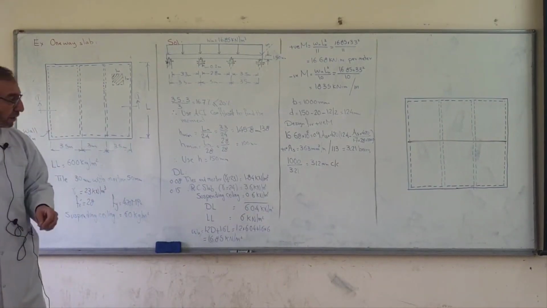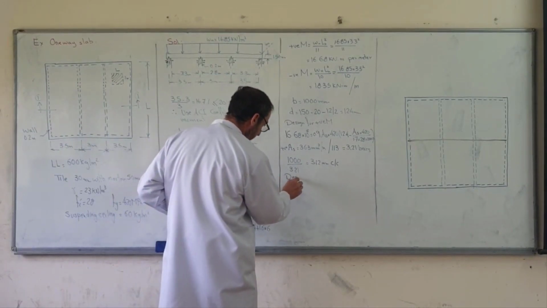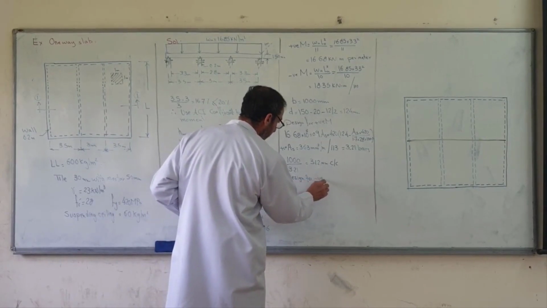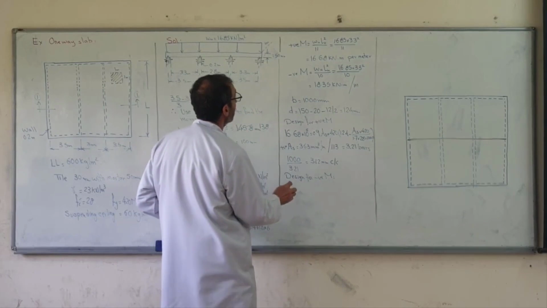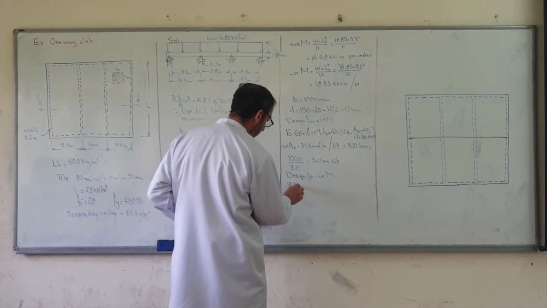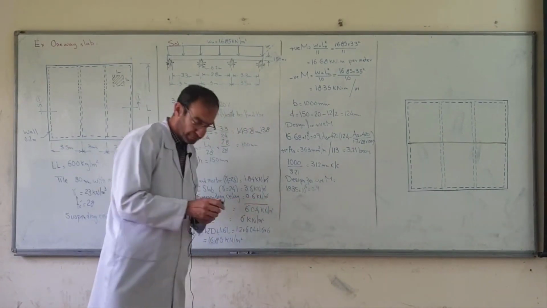Now the negative reinforcement is designed for negative moment. Negative moment we have here 18.35 times 10 to power 6.